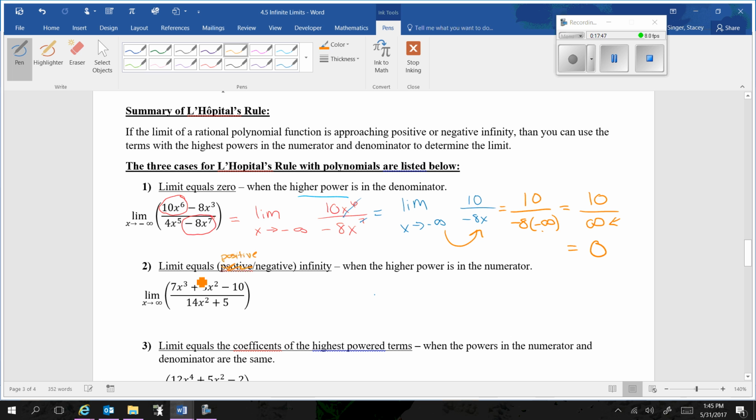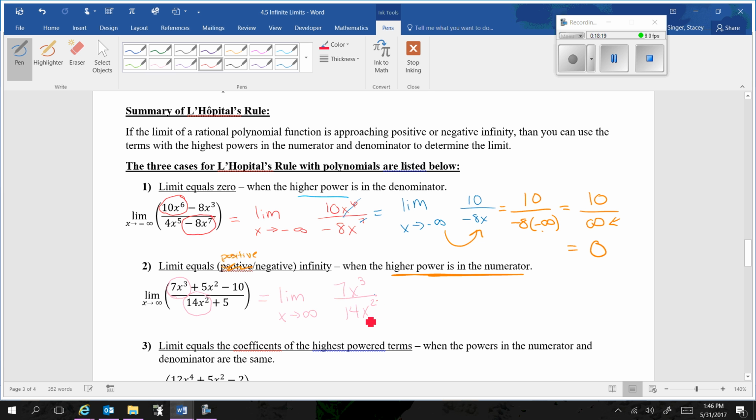So if I have the limit equals positive or negative infinity, that's when the highest power is in the numerator. So looking at number 2, my highest power would be 7x to the 3rd. My highest power in my denominator would be 14x squared. If I evaluate my limit as x approaches infinity, I would have 7x to the 3rd divided by 14x squared.